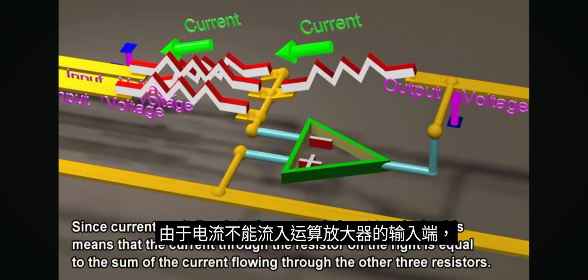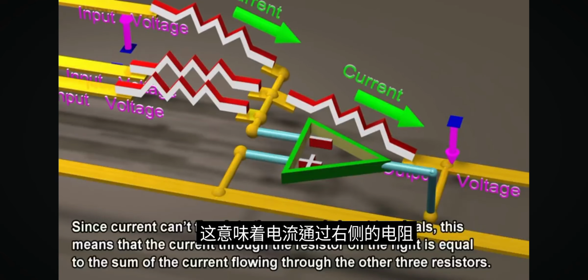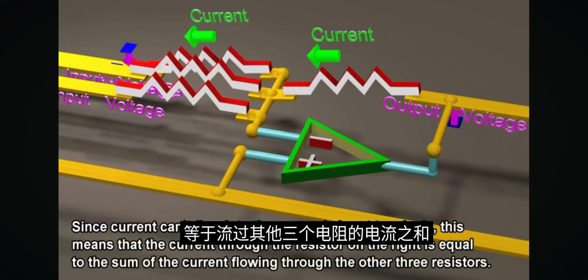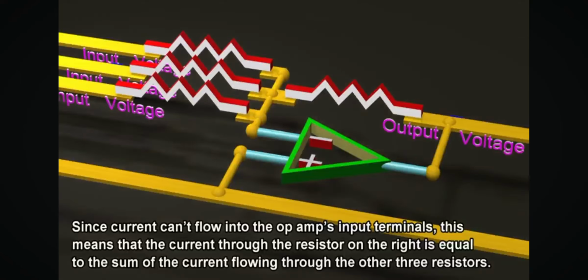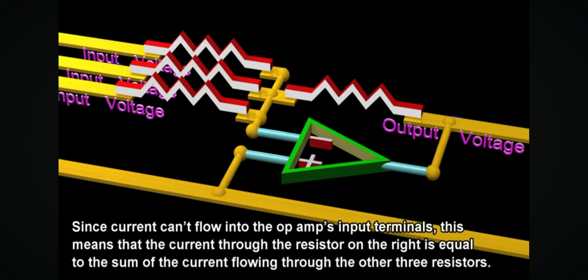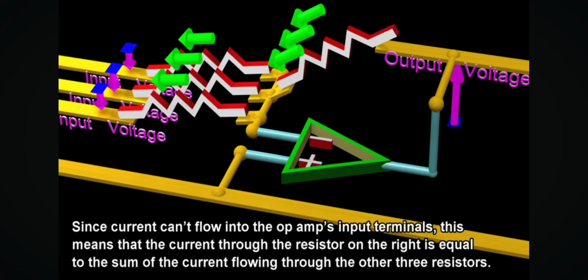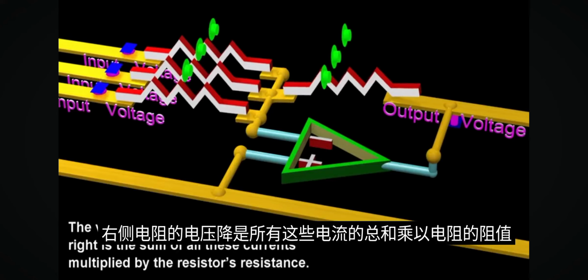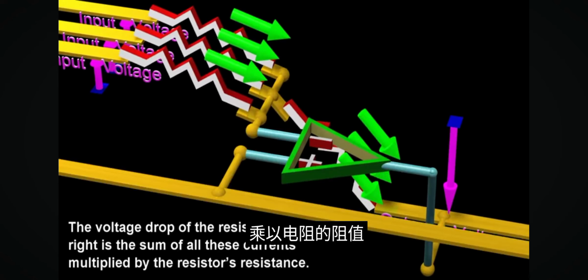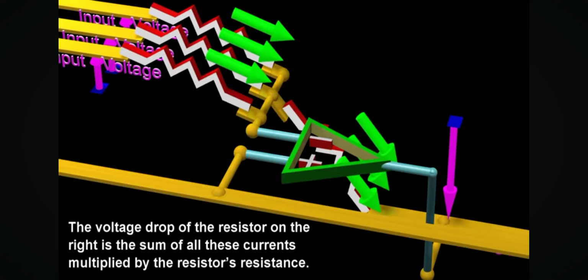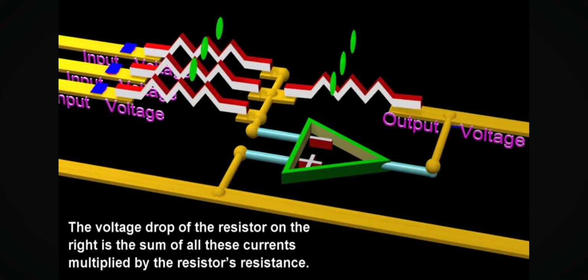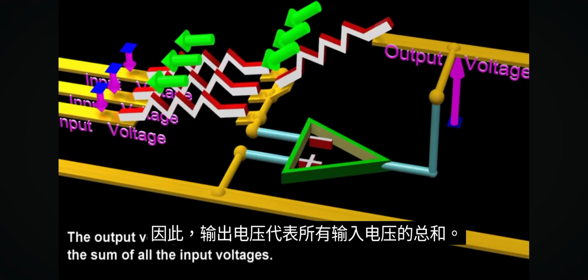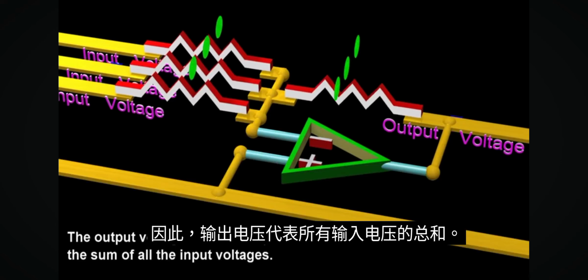Since current can't flow into the op-amp's input terminals, this means that the current through the resistor on the right is equal to the sum of the current flowing through the other three resistors. The voltage drop of the resistor on the right is the sum of all these currents multiplied by the resistor's resistance. The output voltage therefore represents the sum of all the input voltages.